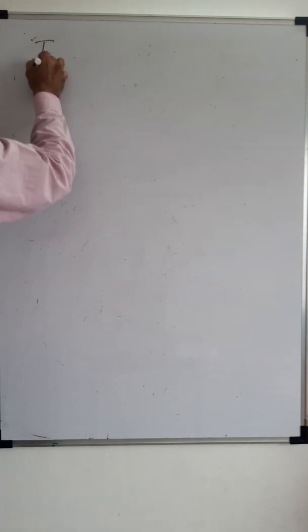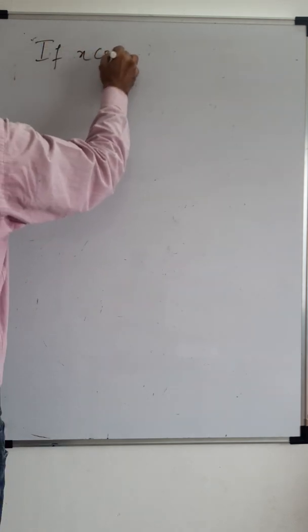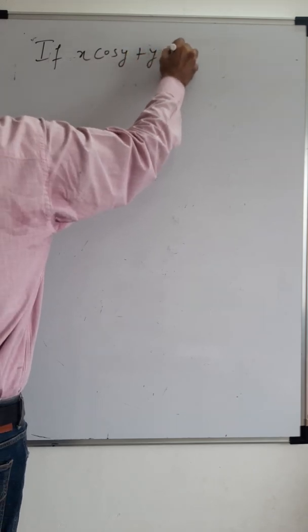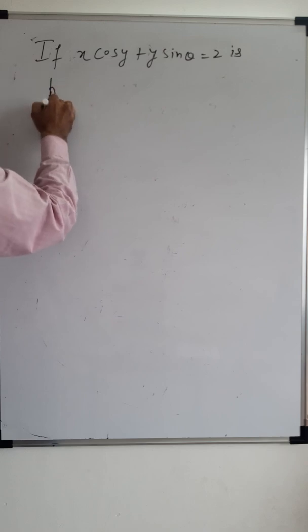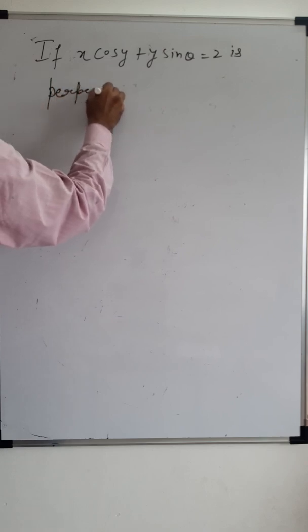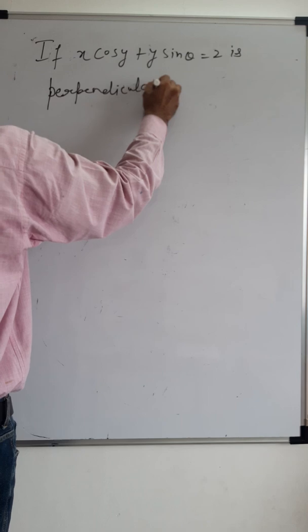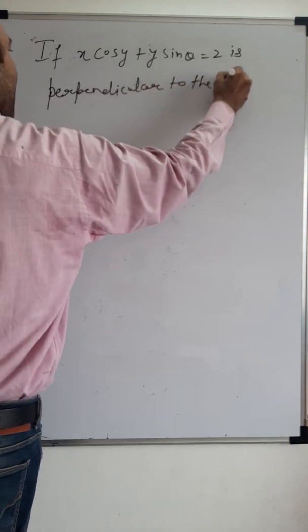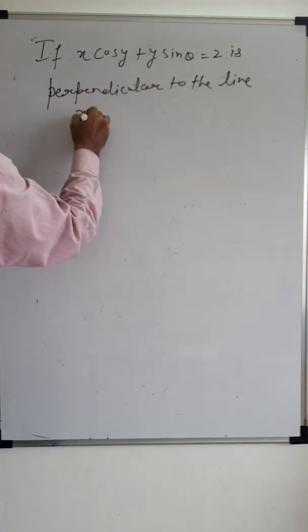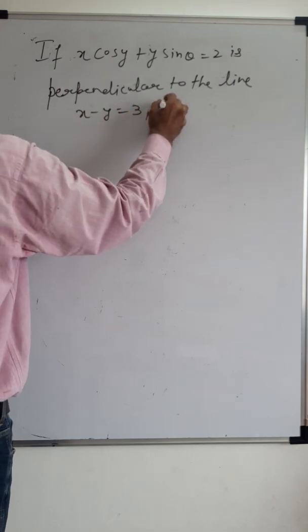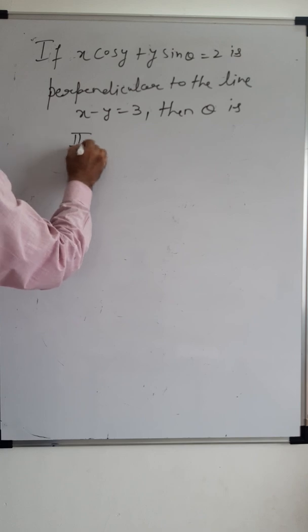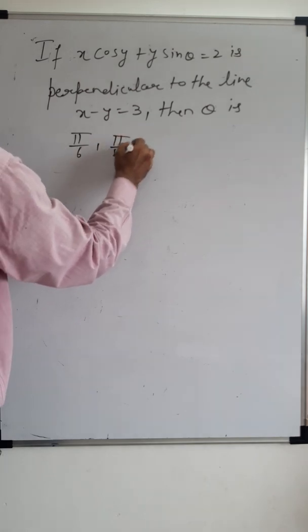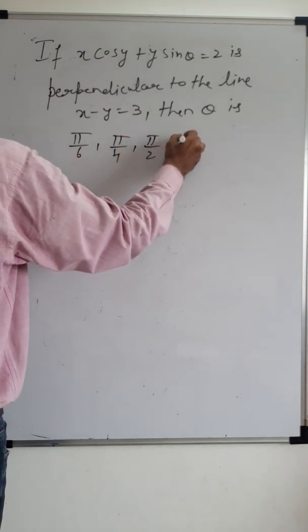Now look at the next sum. If x cos theta plus y sin theta equals 2 is perpendicular to the line x minus y equals to 3, then theta is pi by 6, pi by 4, pi by 2, pi by 3.